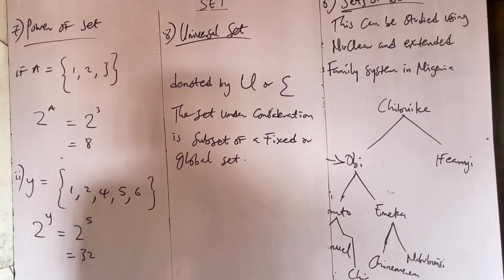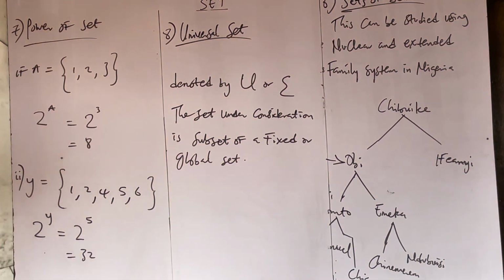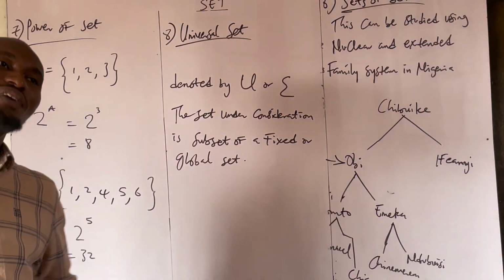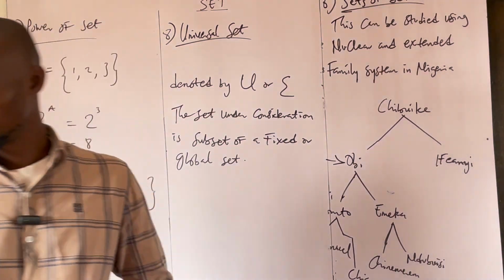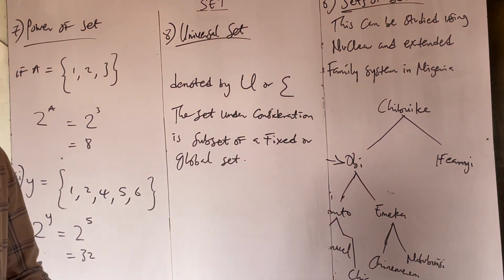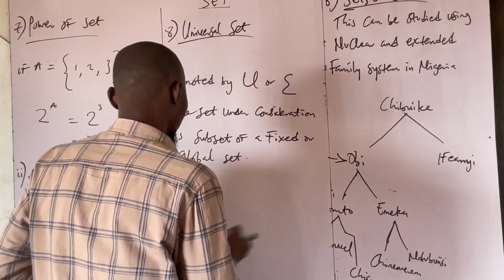Do you understand? So that means every person in the Federal University of Technology Owerri can be the universal set. So universal set varies as our group of reference varies.